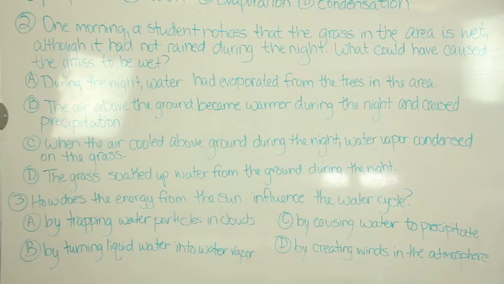All right, next. If you want to go ahead and read it, pause your screen. And let's do it together. How does the energy from the sun influence the water cycle? Let's look at what they have. A, by trapping water particles in the clouds.